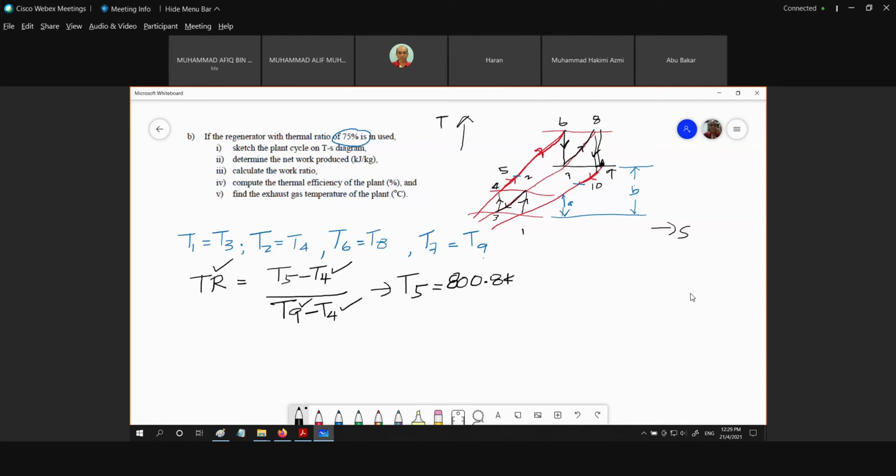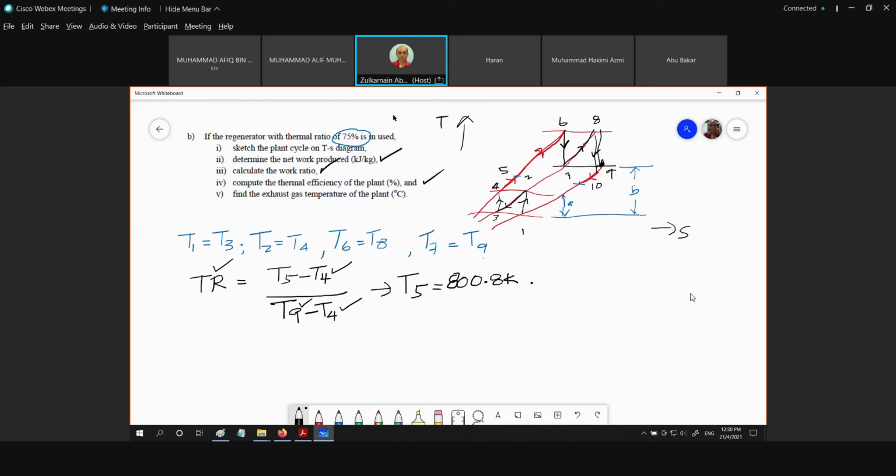Okay. So based on this T5, then you can calculate our new WNet, same formula, right? And then we can calculate the work ratio, and we can calculate the thermal efficiency. Just follow what we have done before this, but using the appropriate temperature.